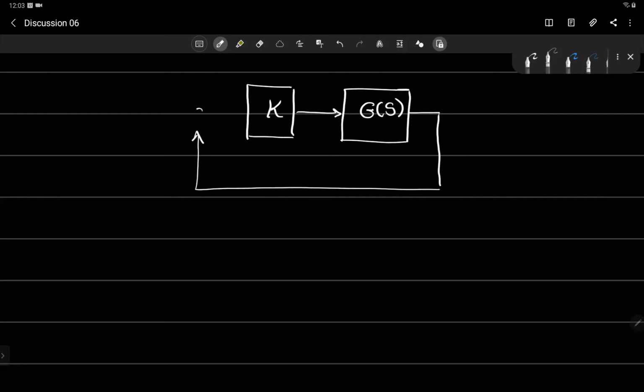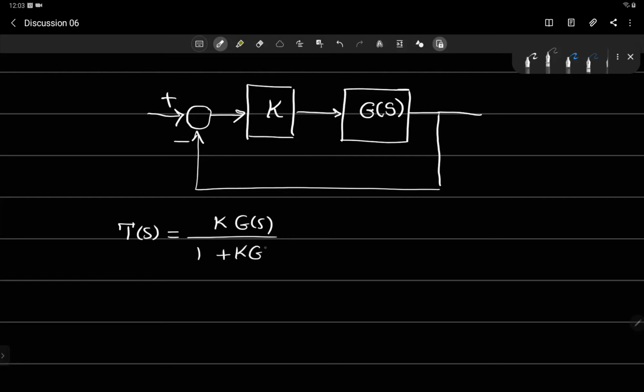And we would like to determine how the poles of the closed loop transfer function, which is T(s) equal to k times G(s) divided by 1 plus k times G(s), right?